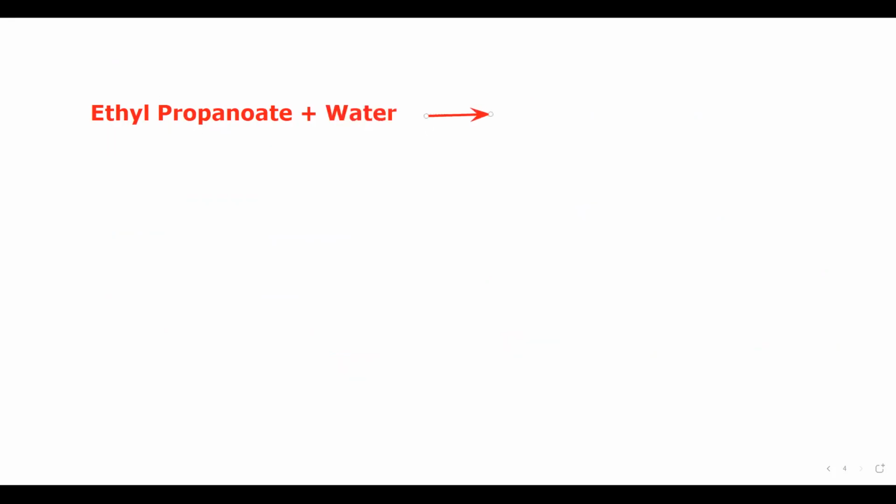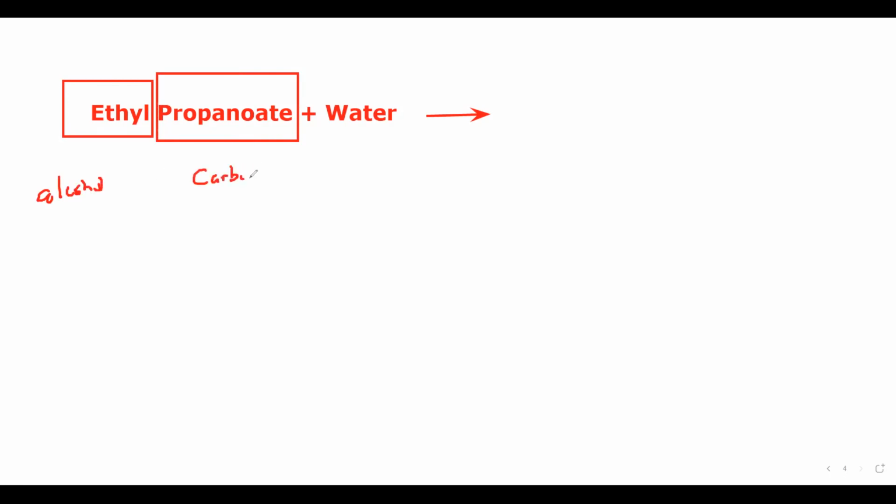So the first name is from alcohol, and the second name is from carboxylic acid. So this first name is always coming from alcohol, and the second name is from carboxylic acid. So which one will be there?